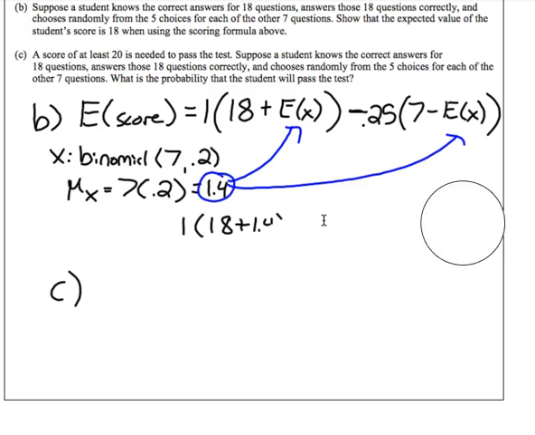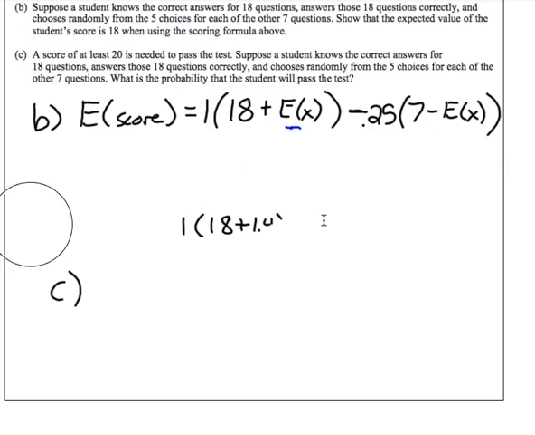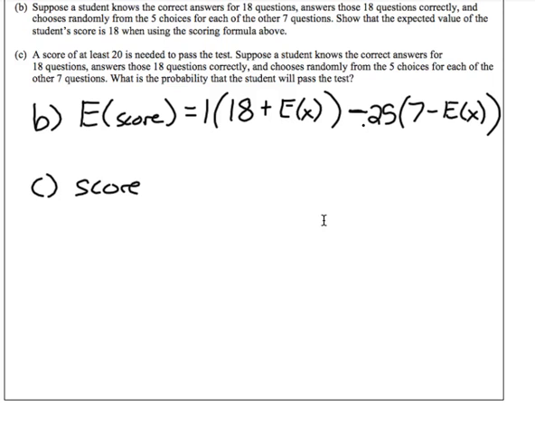All right, so here, I'm going to alter the formula that we just used, okay? So I'm actually going to scoot this up because we know how to calculate their score, right? We just came up with a point for each one that they get. So if they get X right, that's what they get, and minus the opposite of that from 7. So the rest of the 7, they lose 0.25 points for getting them wrong.